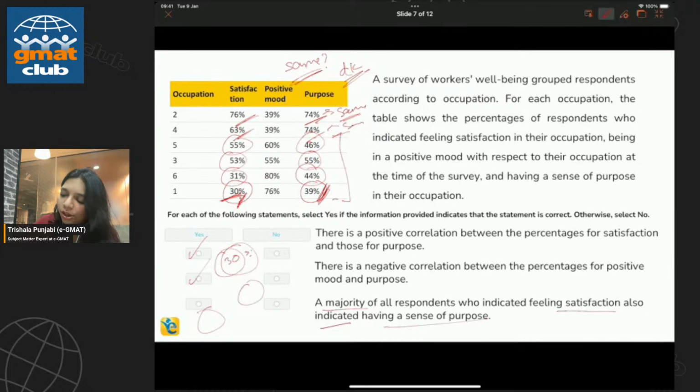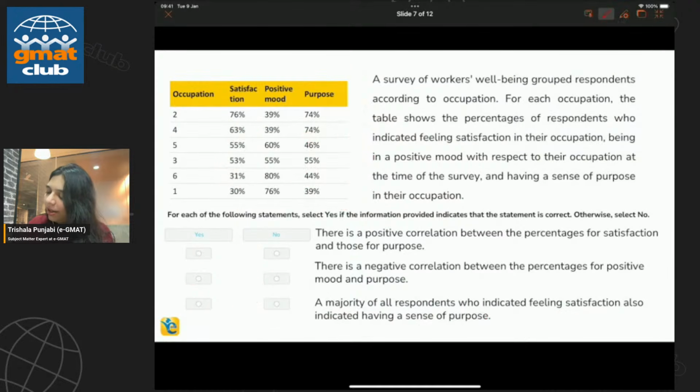But in the majority of the cases, we don't know if they are the same people or not. So because of that, we cannot say that the majority of people who indicated feeling satisfaction also indicated having a sense of purpose.